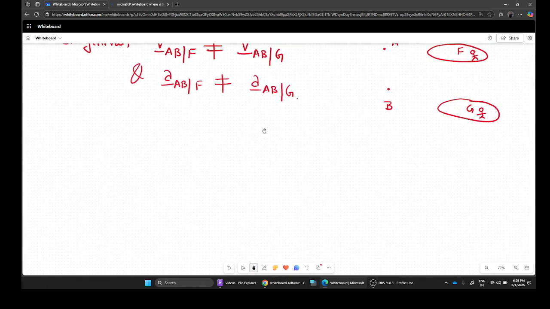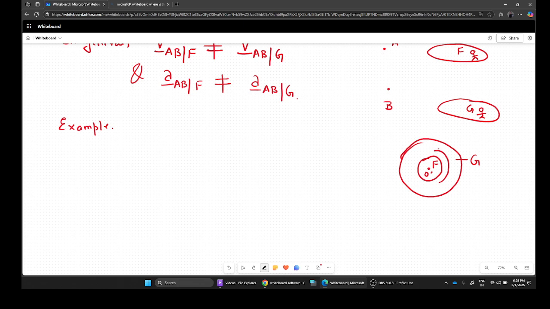Let me give an example. Let this big disk represent frame G, and then there is a small disk which I call frame F. Suppose this smaller disk is rotating with respect to the larger disk.